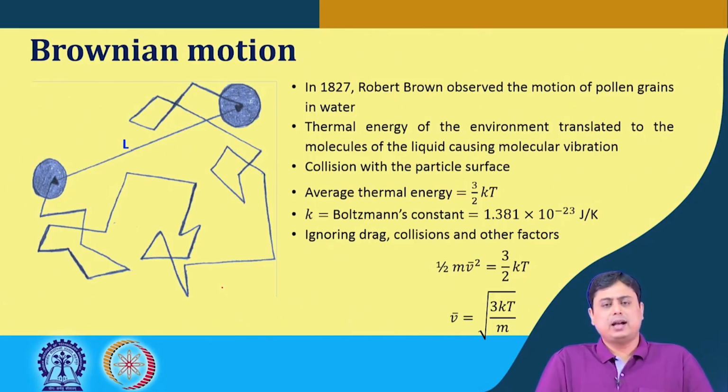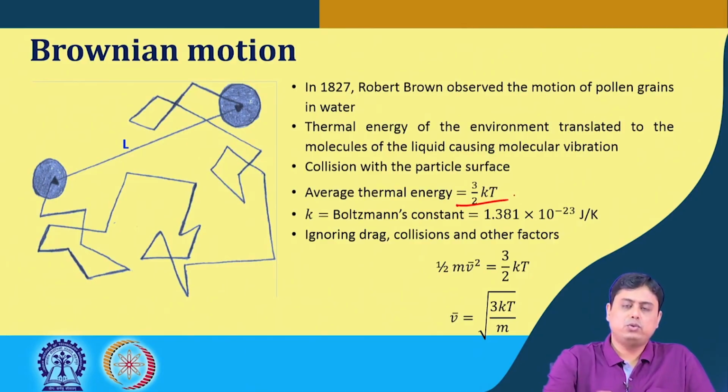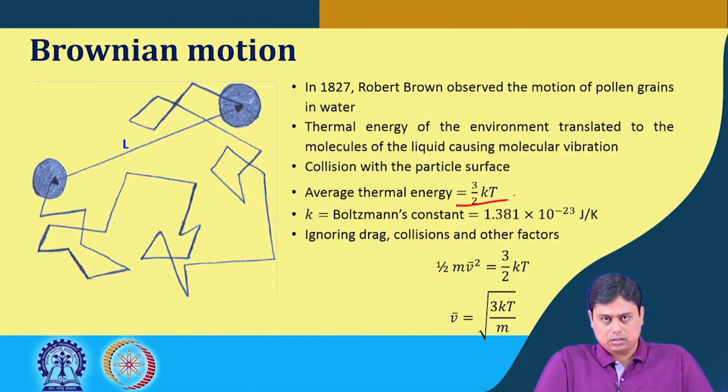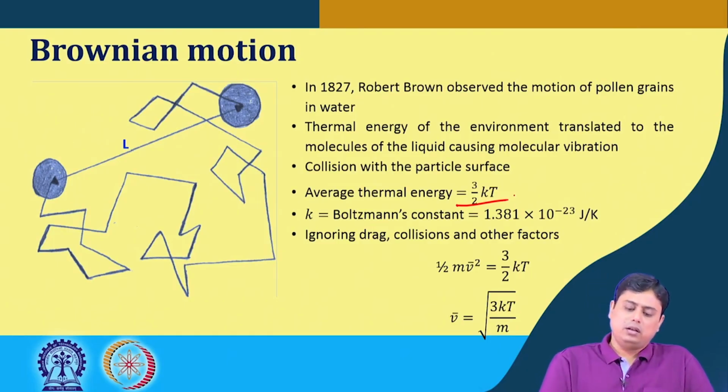and a simple kinetic model can help us find the average velocity of these particles. So, if we assume that all the thermal energy is being converted to this molecular vibration, neglecting all other forces, ignoring drag forces, collisions and other factors, we can equate the average thermal energy, which is 3/2 kT, where k is the Boltzmann constant and T is the temperature in Kelvin, with the kinetic energy of the particle with the average velocity.